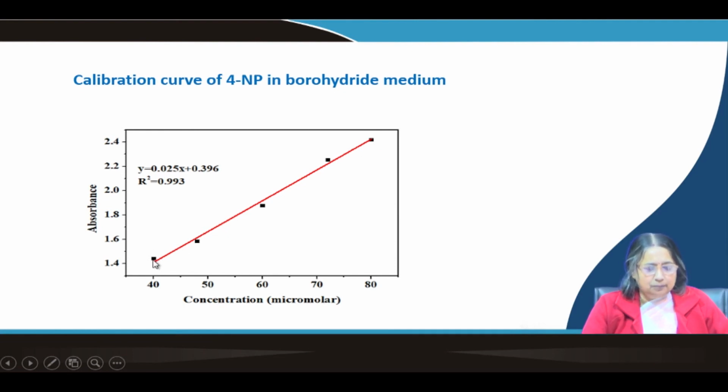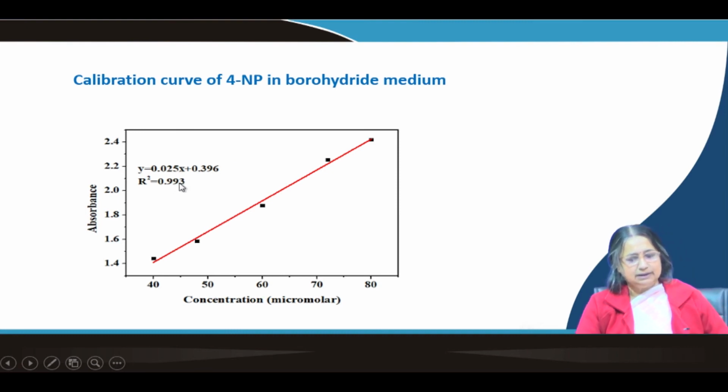This is a linear plot, this is the Beer's law curve, I told you. Once we get the Beer's law curve, we can see how good it is from the R square value, it is very good, 0.99. So, it is a very good calibration curve.